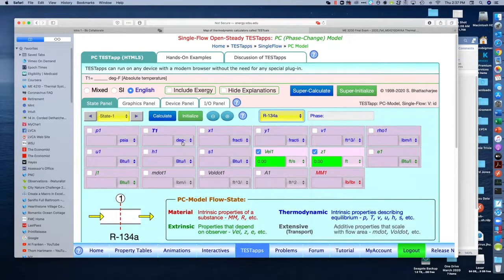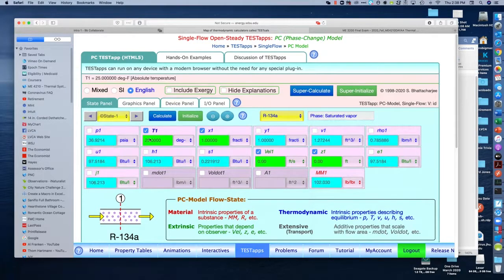If you stretch out your program here, you'll see that this is degrees Fahrenheit, and so it's 25 degrees Fahrenheit with a quality fraction equal to 1, and we see then that the refrigerant comes in at a pressure of 36.9 psi. Okay. So we have the incoming condition.